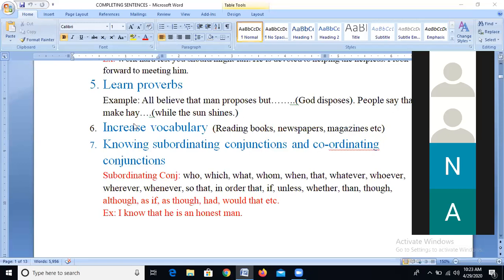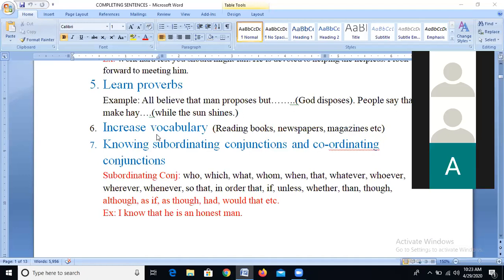You have to work hard with your books, with English newspapers, magazines, and those materials will help you develop a very good vocabulary. So read those books and try to understand the meanings, their uses, their position in sentences, and that will help you a lot to achieve efficiency in the English language.